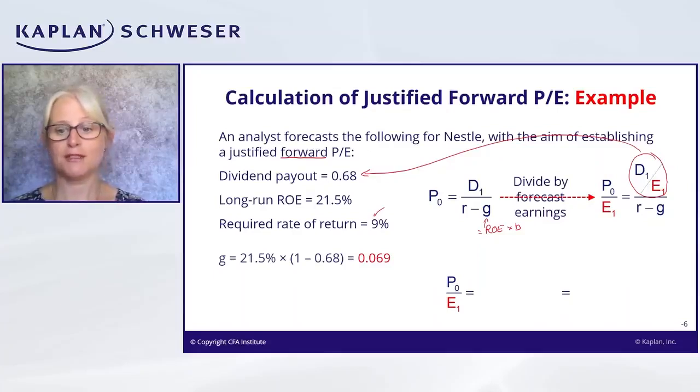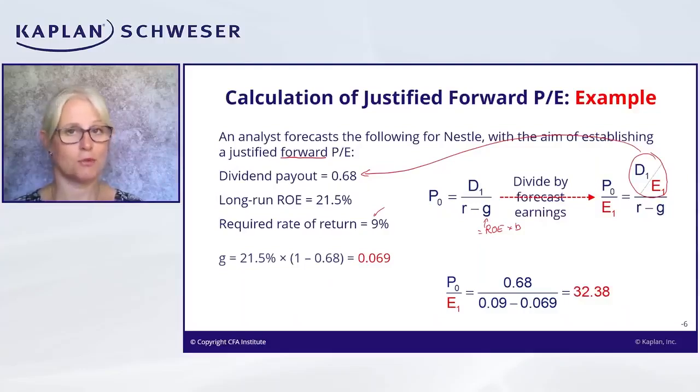So pop that into our PE or justified PE formula, and that tells us that this company should have a PE ratio of 32.38. Okay, so if the PE ratio is observed to be above that or below that, it gives us an indication that a share might be over or undervalued.